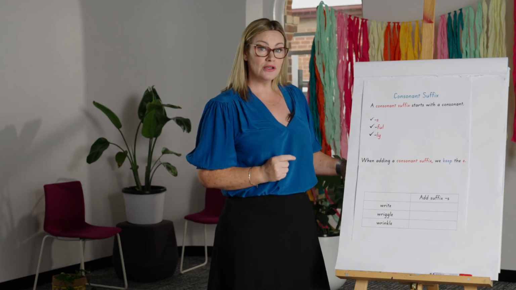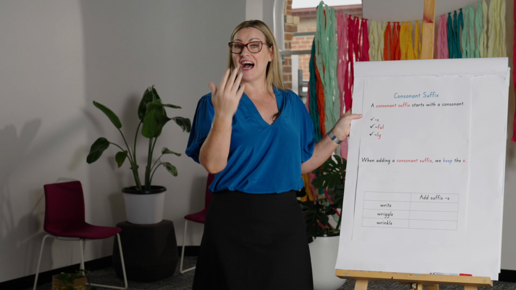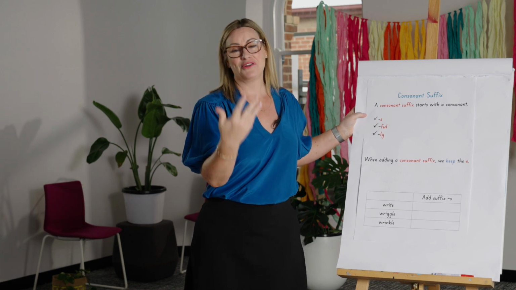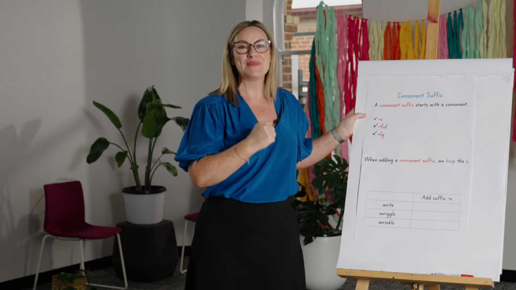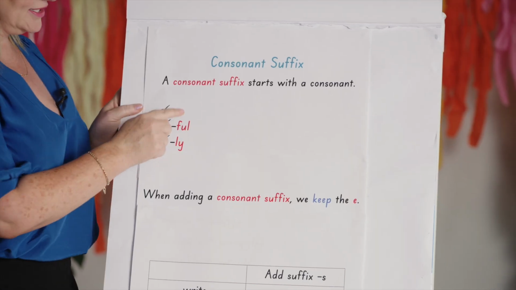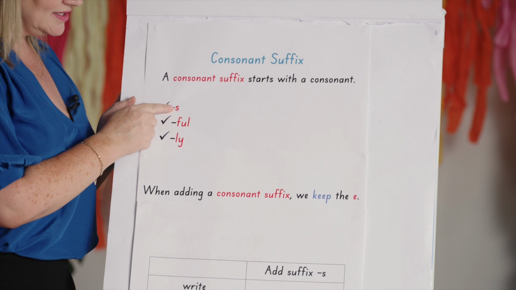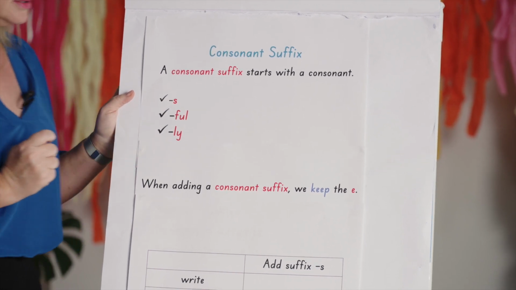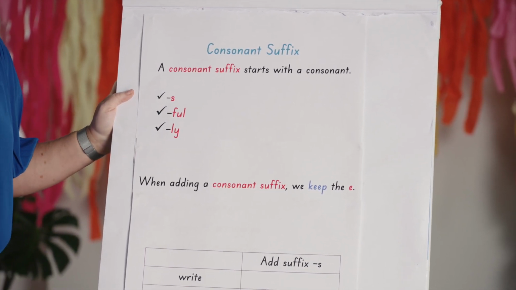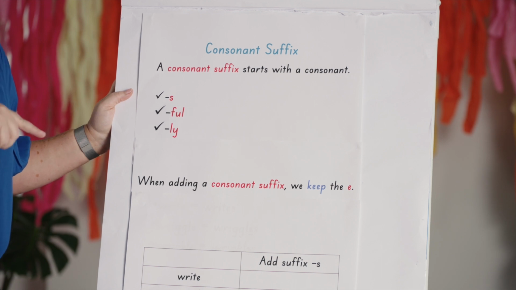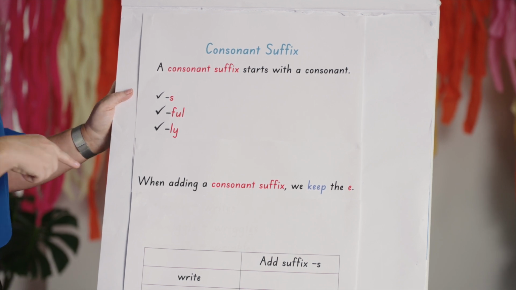So our consonant suffix starts with a consonant, of course. So let's read through. We've got s, full, and ly. Obviously, they're a consonant suffix because they start with a consonant. Remember that rule about when we're adding a consonant suffix?